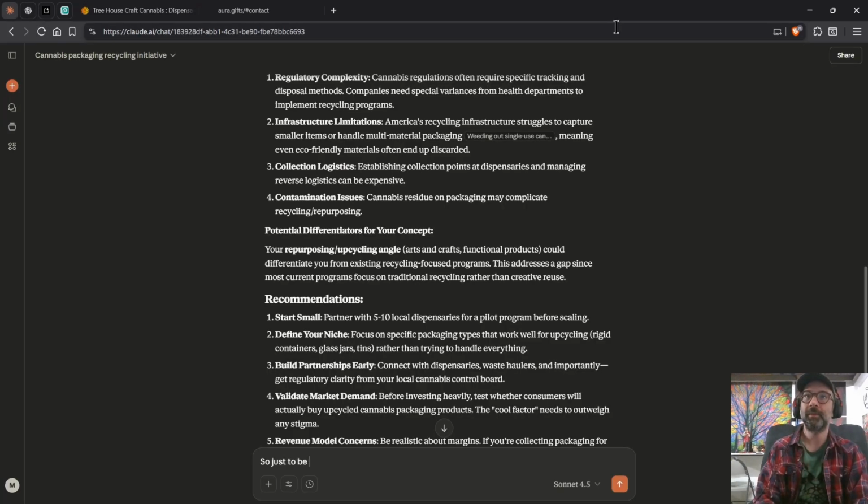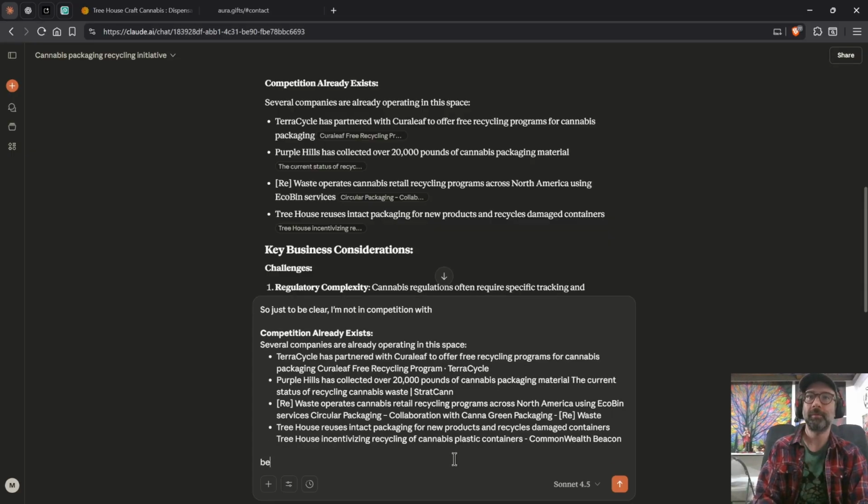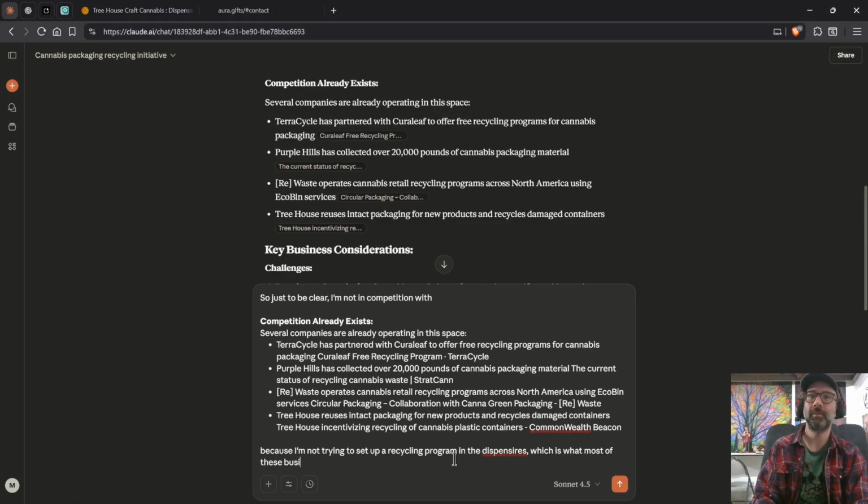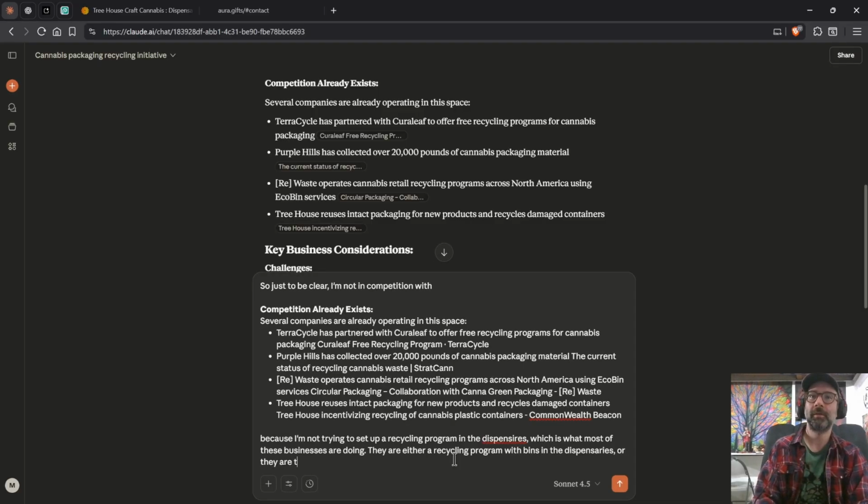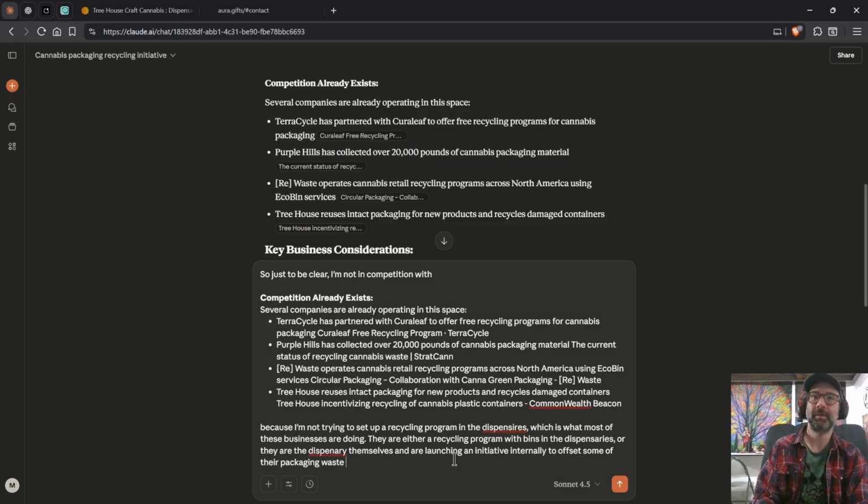So just to be clear, before I keep reading with those, I'm not trying to set up a recycling program in the dispensaries, which is what most of these businesses are doing. They are either a recycling program with bins in the dispensaries, or they are the dispensary themselves and are launching an initiative internally to offset some of their packaging waste, pressure, and carbon footprint.